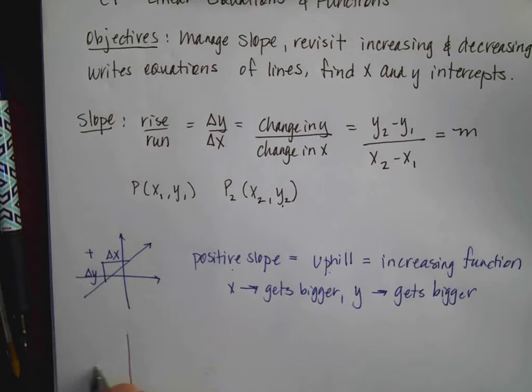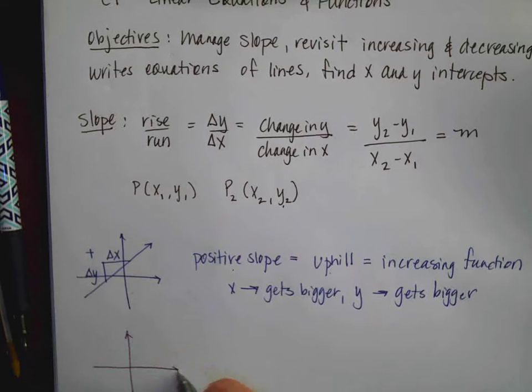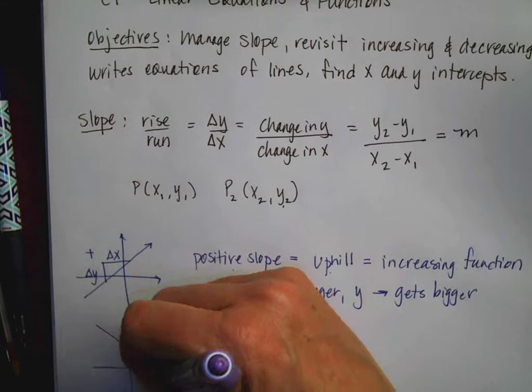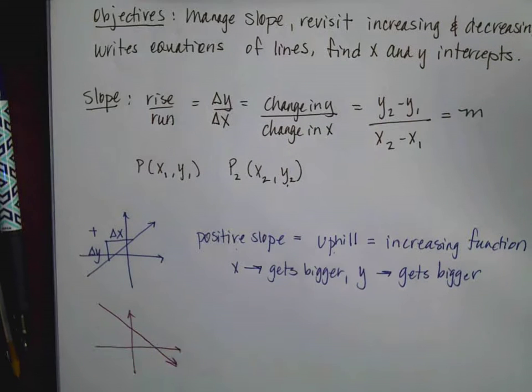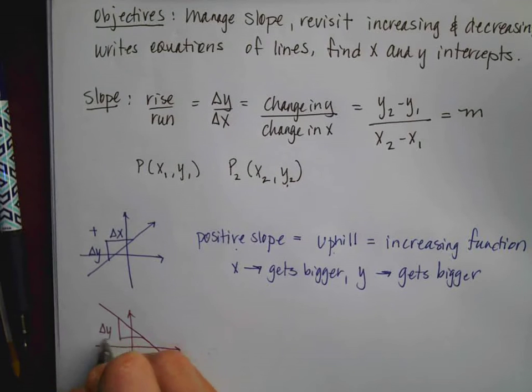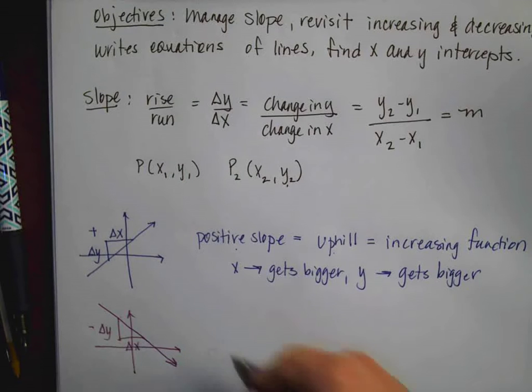On the other hand, if I have a graph that looks like this, notice that my delta y is going to be negative because it's going down, and then my delta x is still positive.